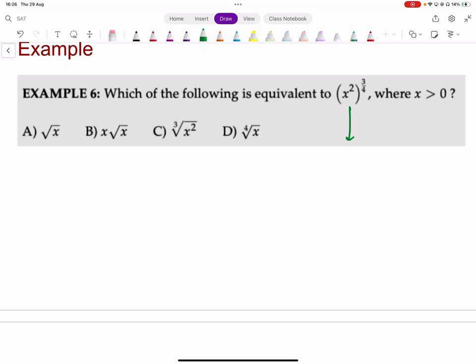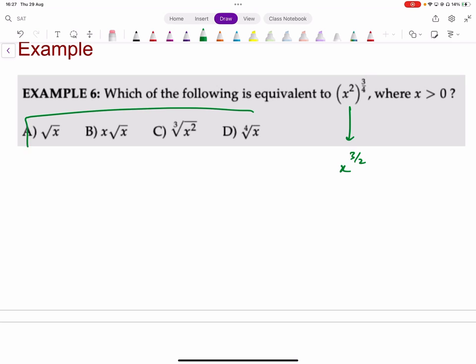What does this give us? x squared. So you just multiply these two powers. 2 into 3 over 4, what's that? 3 over 2, right? 2 into 3 over 4, that's 6 over 4 or 3 over 2.